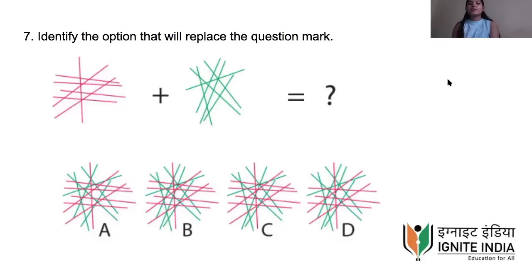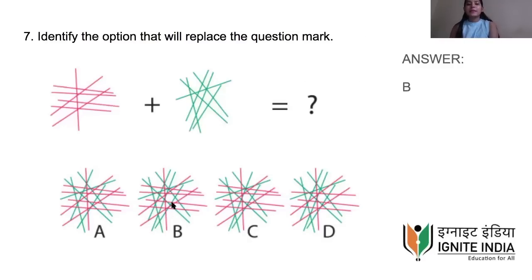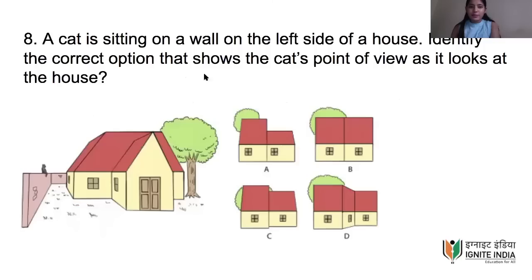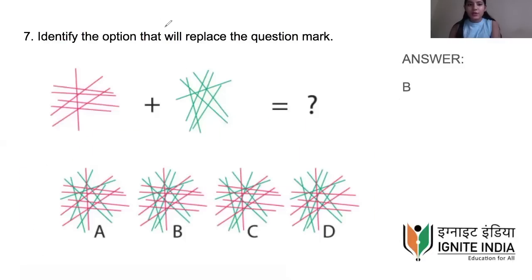All right, let's try to get the answer. So the answer for this question is B. And like I said, how B? Because we will start eliminating things. If you see the A and the bottom of this, see the bottom, one second, sorry for this, I'll just take the drawing pen and I will show you.